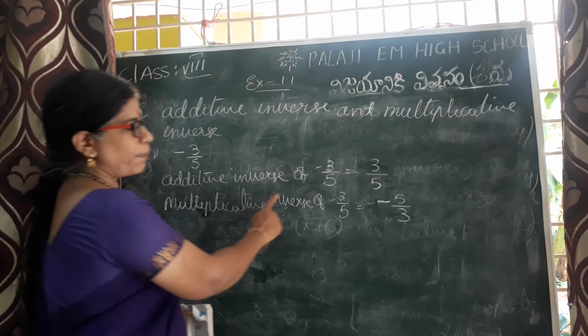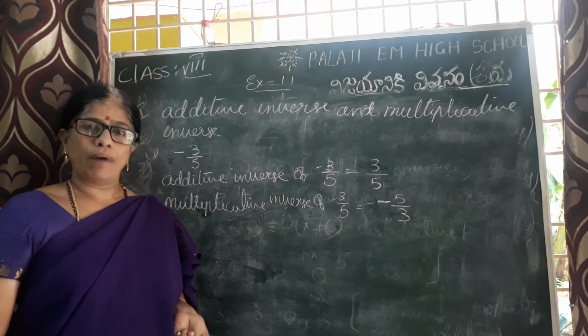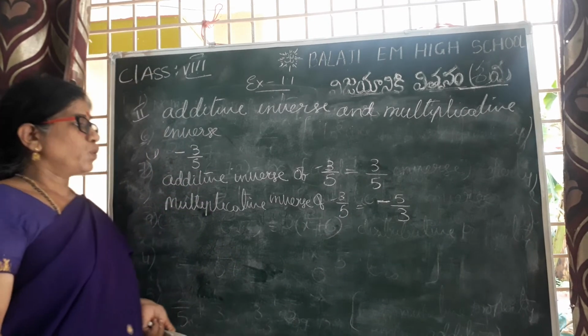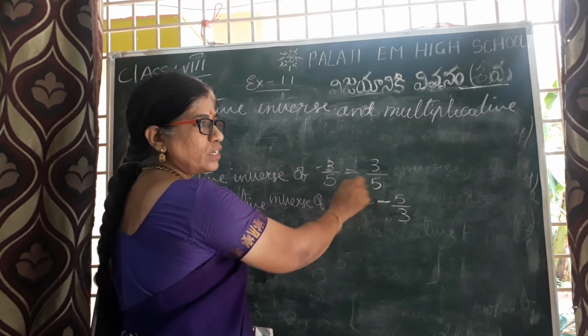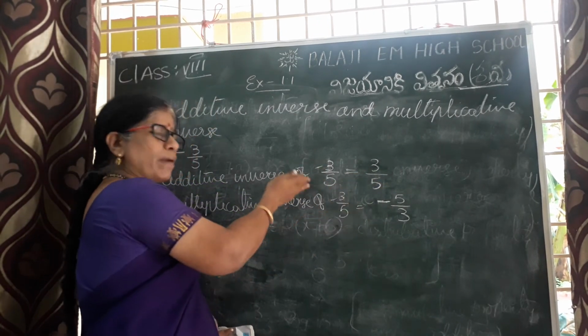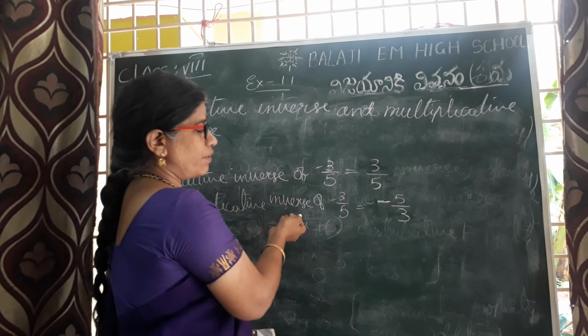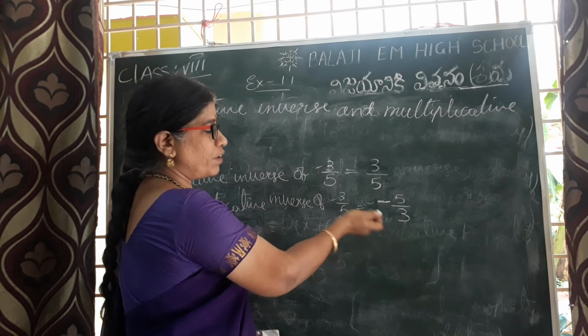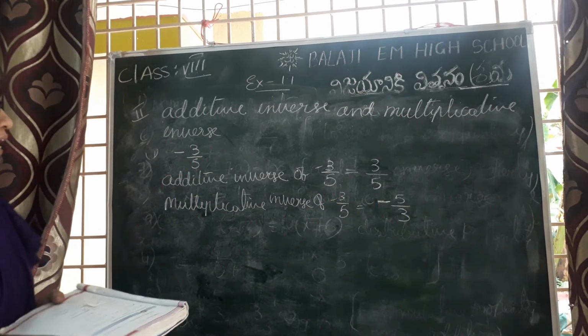Therefore, multiplicative inverse of minus 3 by 5 is equal to minus 5 by 3. That's all. So for additive inverse, you are changing the symbol, or multiplying with minus 1, however you take it. And for multiplicative inverse, write the reciprocal of it. Symbol remains unchanged.